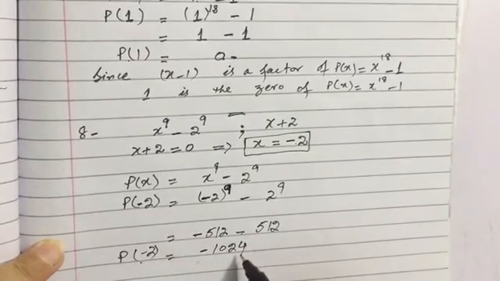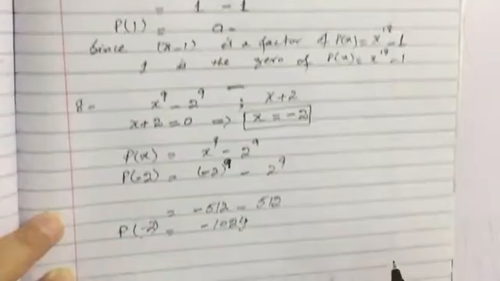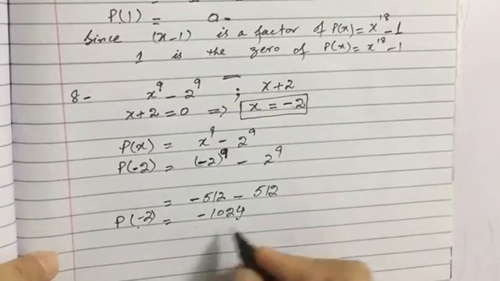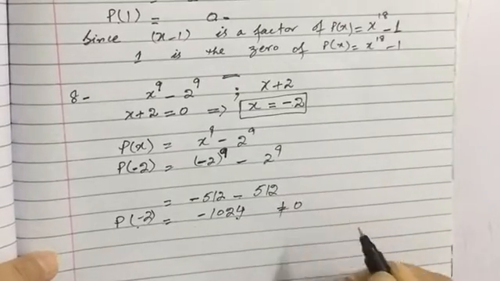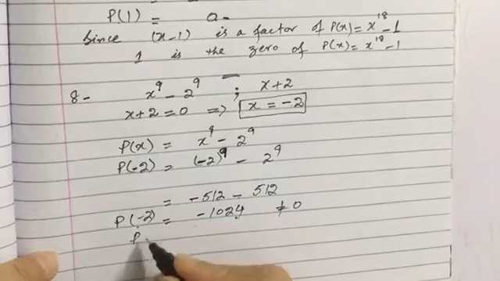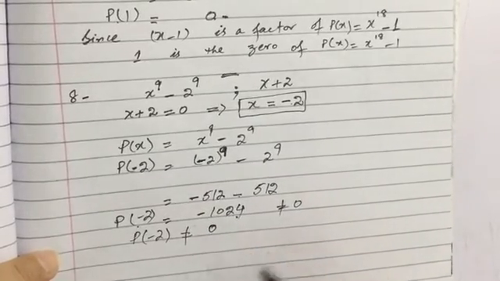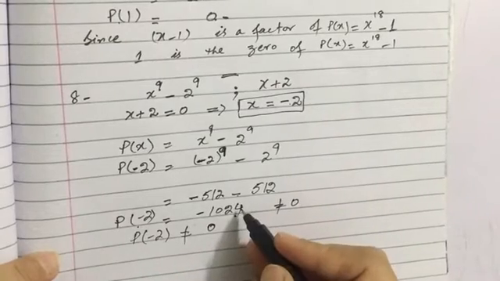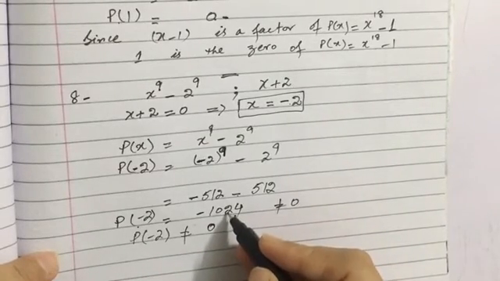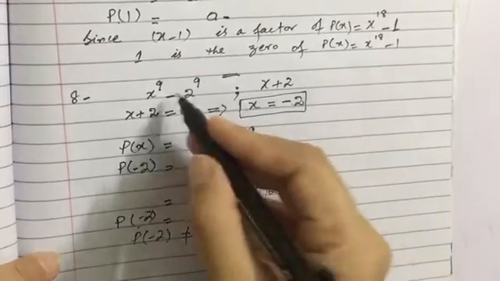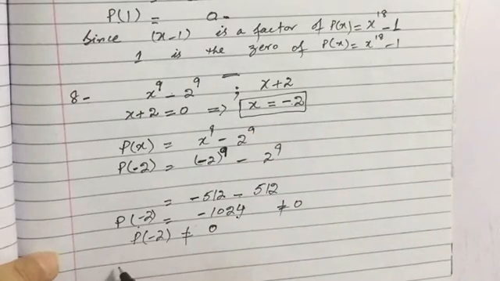So P of minus 2 is minus 1024, which is not equal to 0. So P of minus 2 is not equal to 0. It means our remainder is not 0. This is our remainder. When the remainder is not 0, then the second polynomial will not be a factor of the first polynomial.